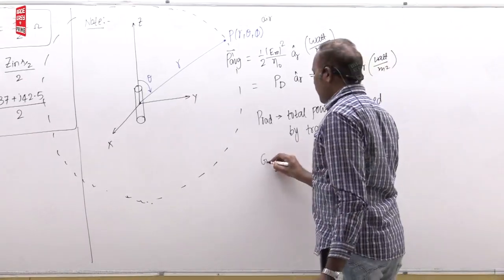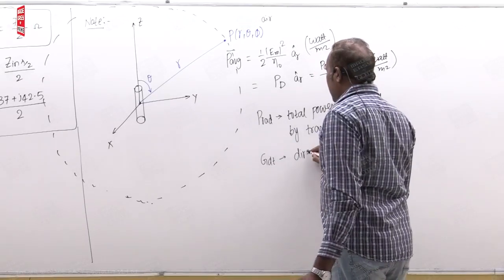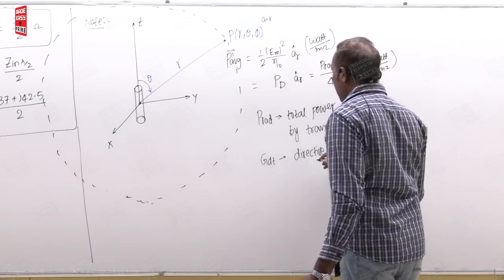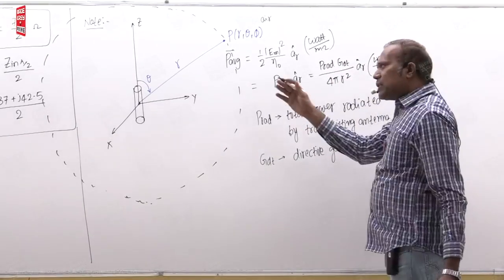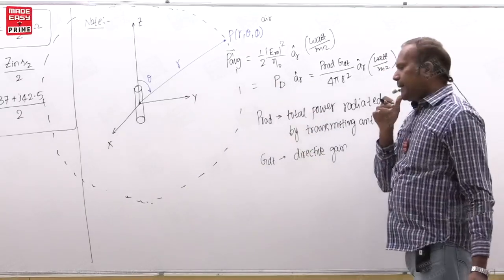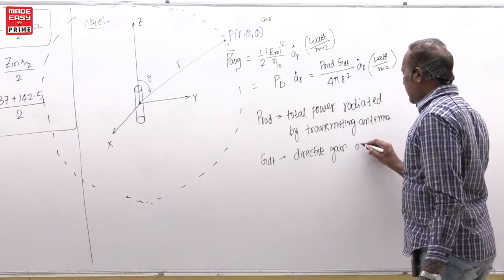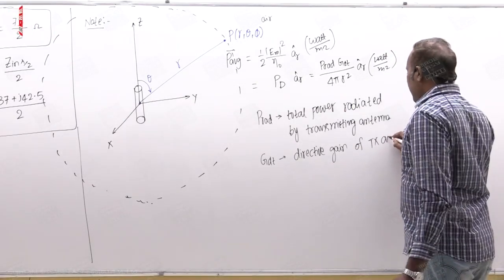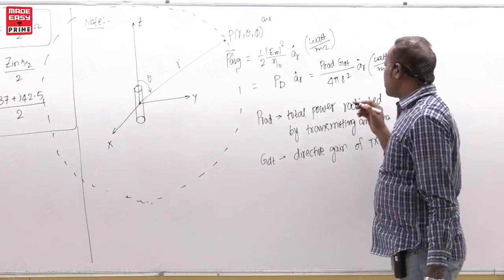Next, GDT, D means directive, we will discuss that. Directive gain means the gain changes from direction to direction, so that is why it is called directive gain of the transmitting antenna. TX antenna means transmitting antenna.